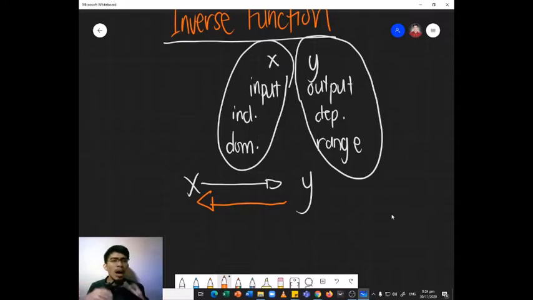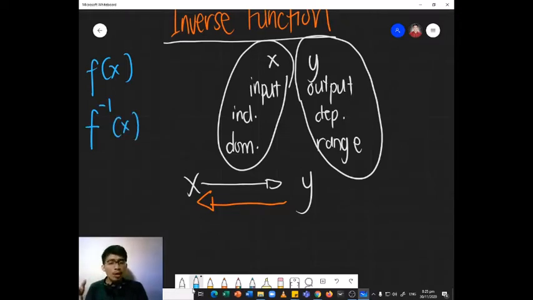So how are we going to denote that we are referring to the inverse function? Example, I have here the original function f of x. What is the notation if I am referring to the inverse of this f of x? Simply write f, with -1 as an exponent, and then x: f^-1(x).